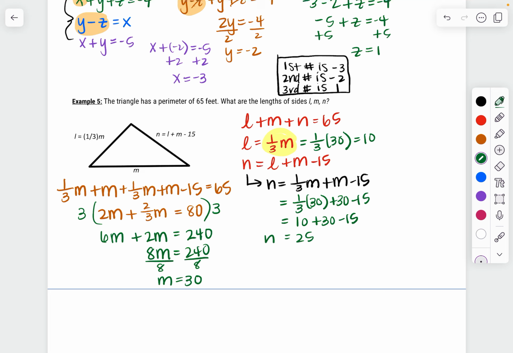And so I can say the side lengths are L is equal to 10 feet, M is equal to 30 feet, and N is equal to 25 feet. We will require, if you know units, that you include them. So notice I took feet from the question and I wrote it with all of my answers for the different side lengths of the triangle.